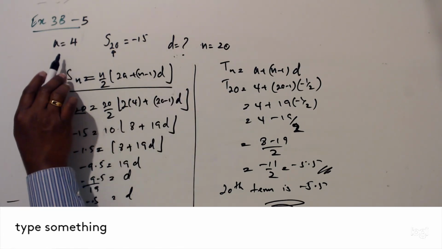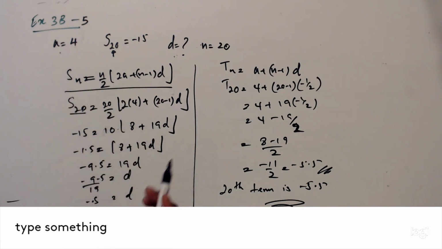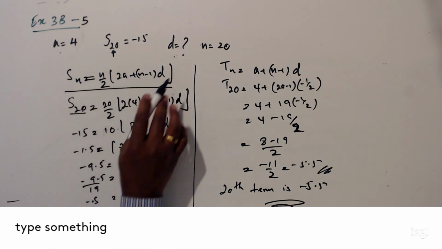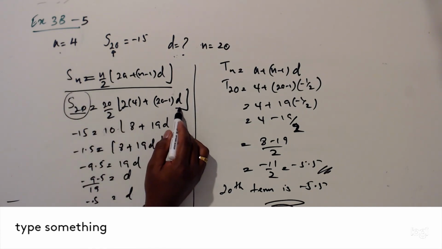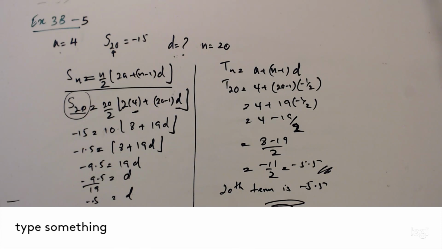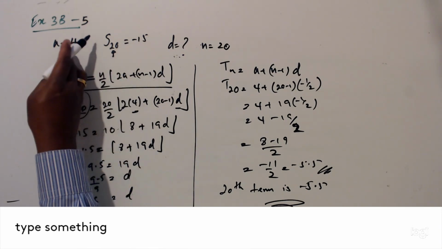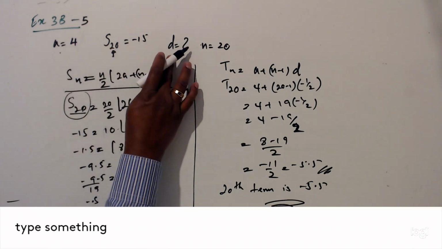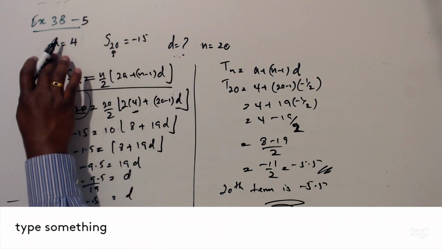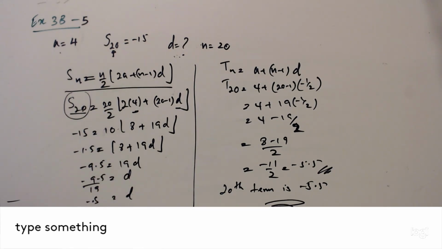In that case, you have to give a equal to 4 and s20, so there are only three data there, s20, d and a. Next time you may get d given, s20 given, but a is not available. Or d is available, a is available, but sn is not available, so you have to find sn.